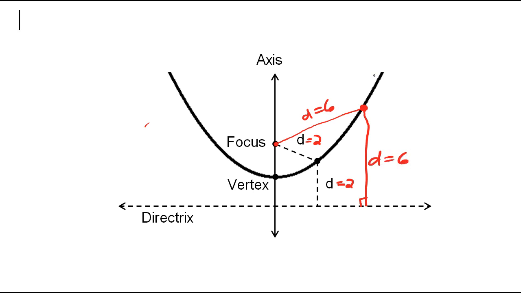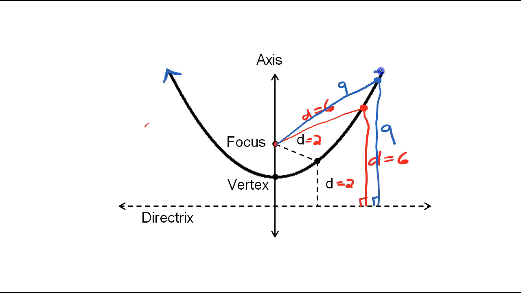I can take another point here. Let's say I take this point. The distance here looks to be, let's say, about 9. That means the distance straight down to my directrix is also 9. So if you take all the points that are the same distance from the focus as they are from the directrix, you're going to get all the points along this parabola.